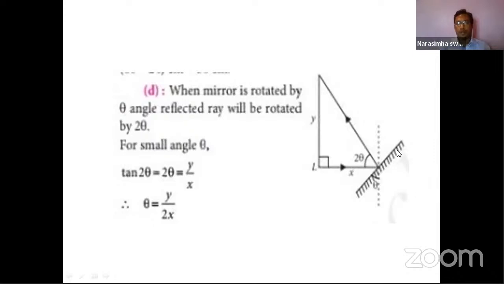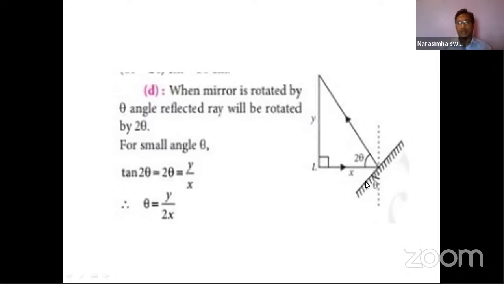Now the mirror is rotated by some angle, and then the spot appeared at this point, just above the source, at a distance y. Then they are asking what is theta here?